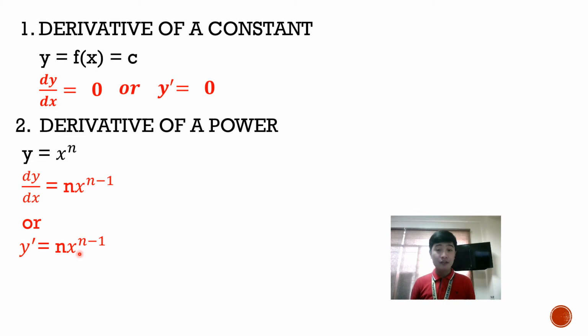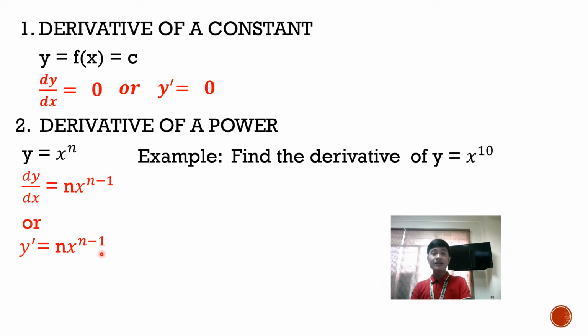If you will try to check the pattern in this particular formula of derivative of a power, binabalang natin yung exponent and then the function itself raised to the exponent minus 1. So para mas maintindihan natin, magkaroon tayo ng example. So find the derivative of x raised to 10. So in this case po, paano ba kuhanin ang derivative niyan?